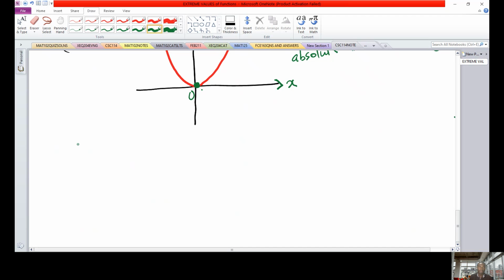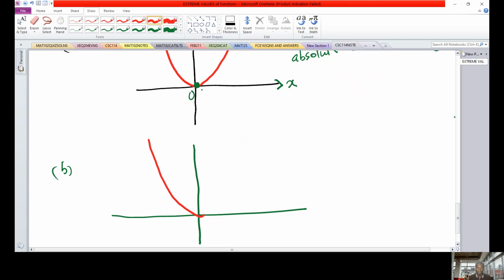And then example 2, we have the same graph, but now at 2 we have a value supposed to be 4.